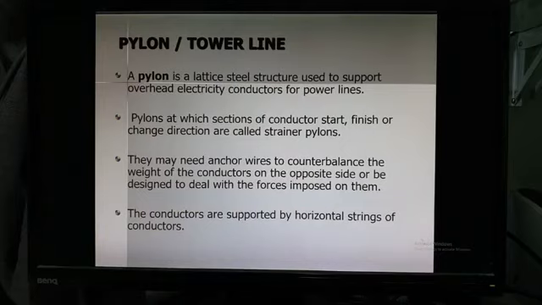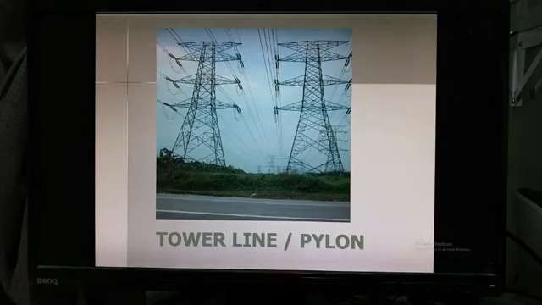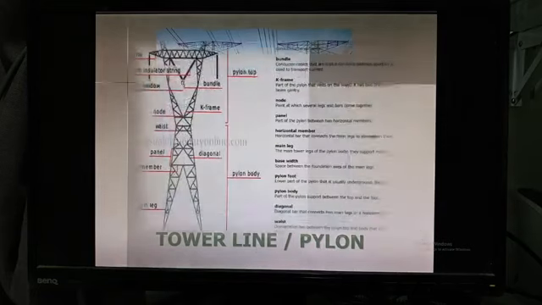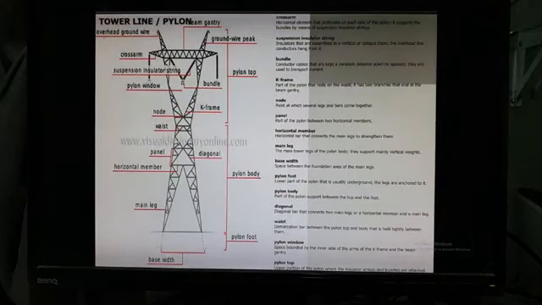Next, the image of the tower line or the pylons, we usually see this all over Malaysia. So know that once you see this tower line or the pylon, it is carrying the transmission line of electricity. There are numerous components of the pylon itself.